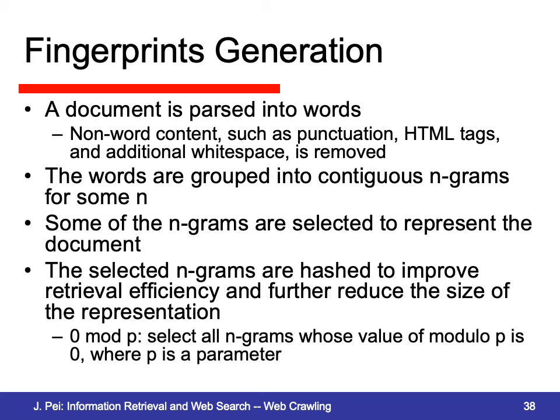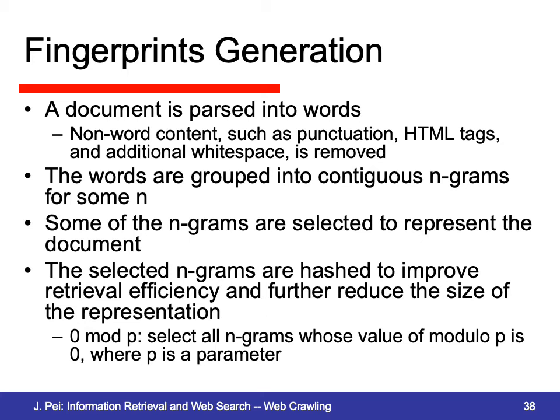Then we can group those words into contiguous n-grams for some small number n. We cannot use all the n-grams because the number of n-grams is essentially the same as the number of words in the document. So we can choose some of the n-grams as the representation of the document.